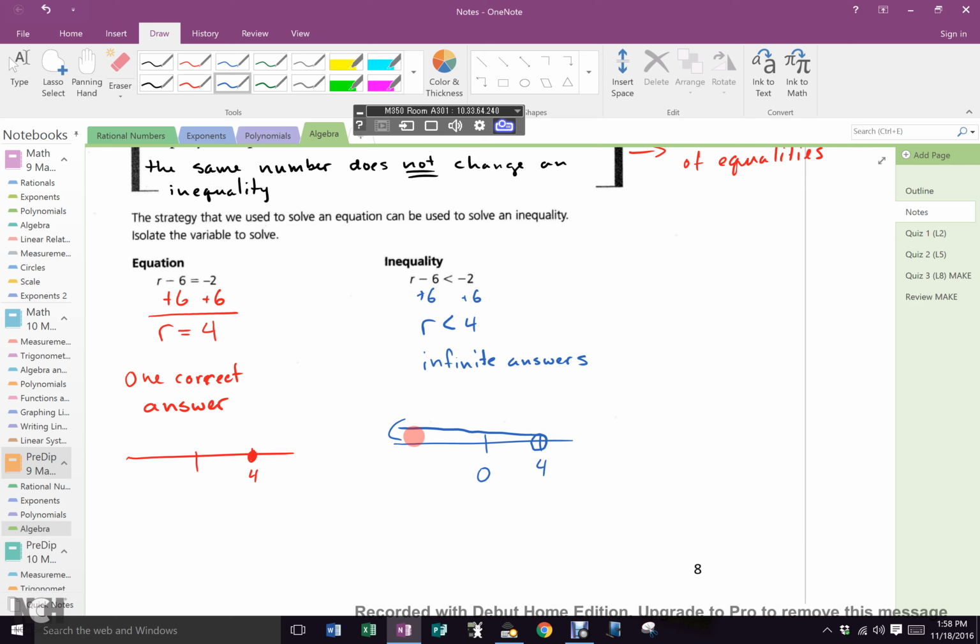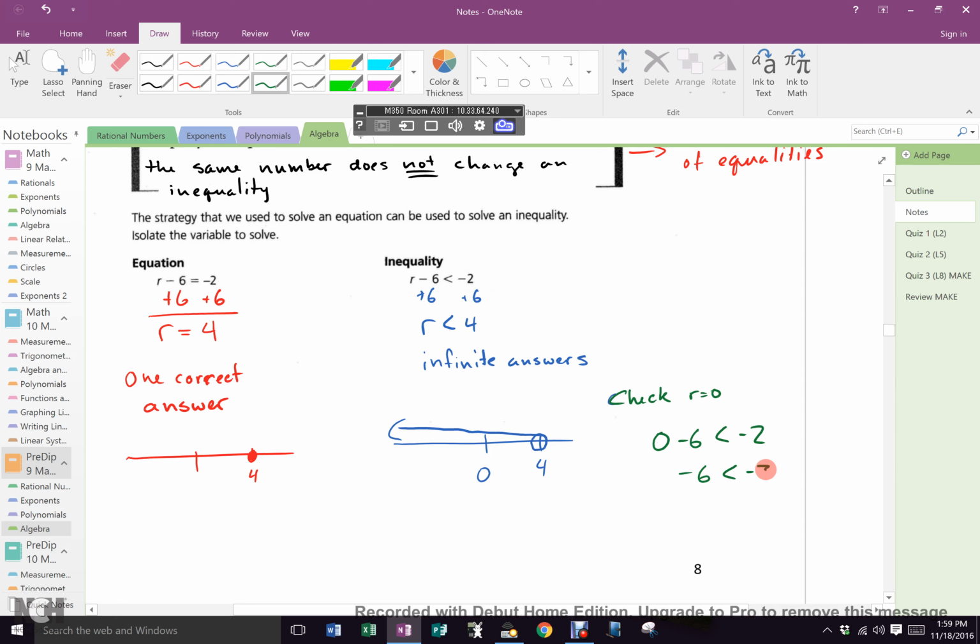Now, here is what you need to do in case you encounter something that is slightly confusing. You won't in the 9th grade, but this trick will work till the end of your math careers. Check with 0. 0 is easy, right? What is our check? R equals 0. 0 minus 6 less than negative 2.